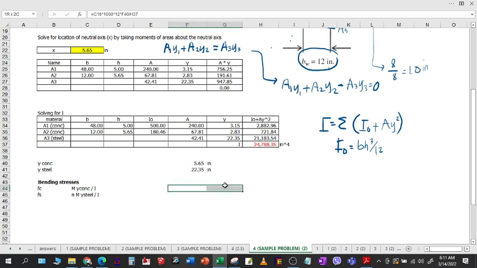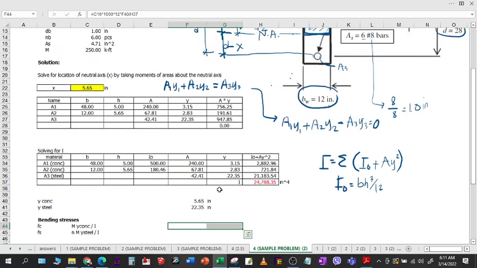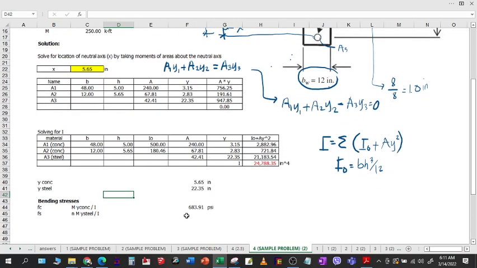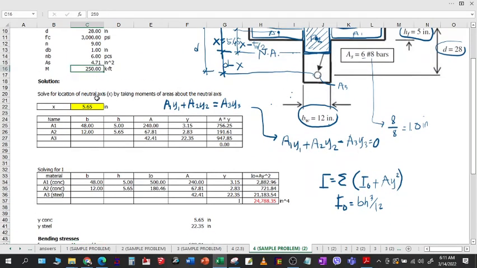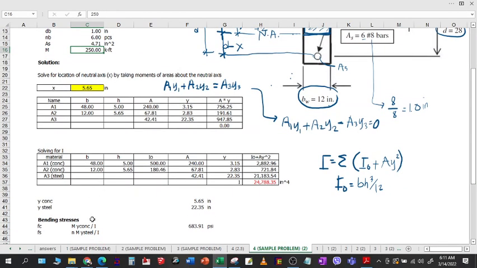So substituting the formula and plugging in the values, we can have this answer: 683.91 PSI. Okay, just remember that moment, which is 250 kip, should be multiplied by 12,000 to get a unit of PSI.